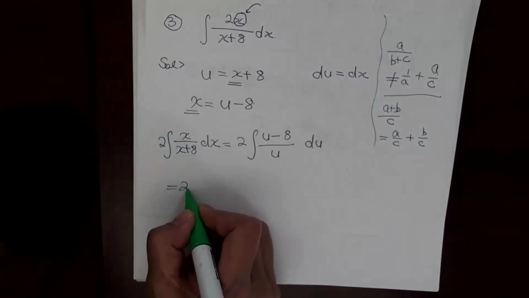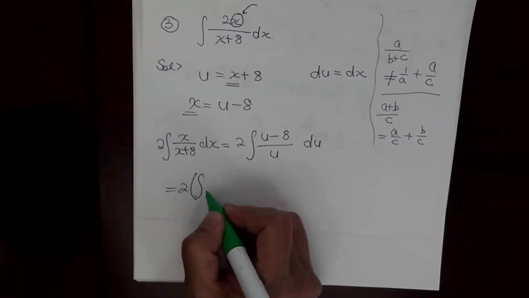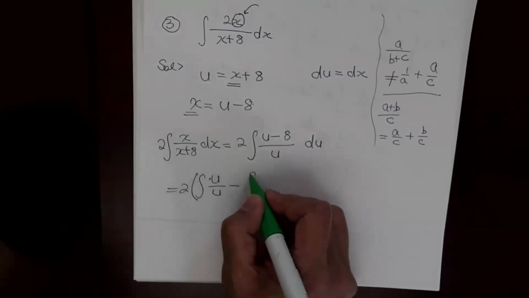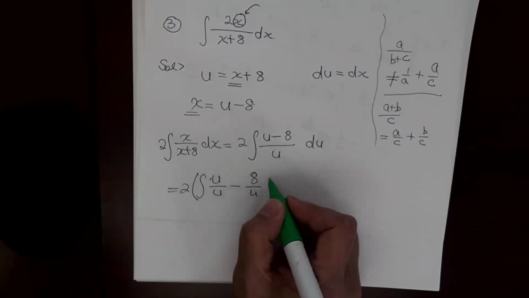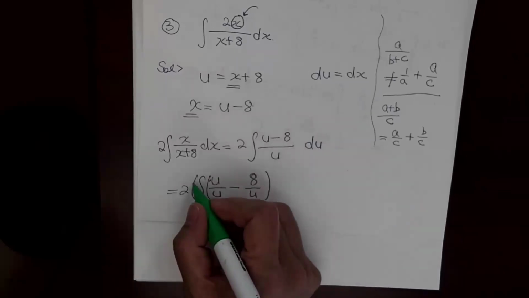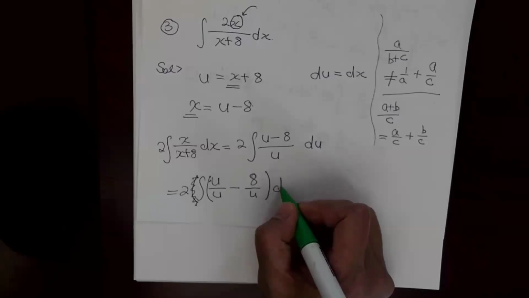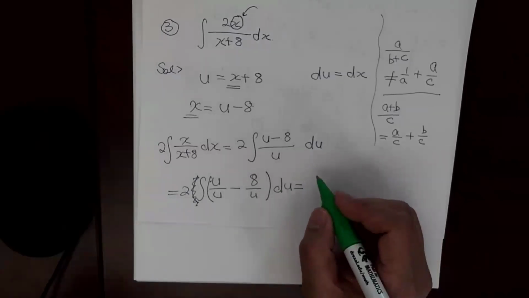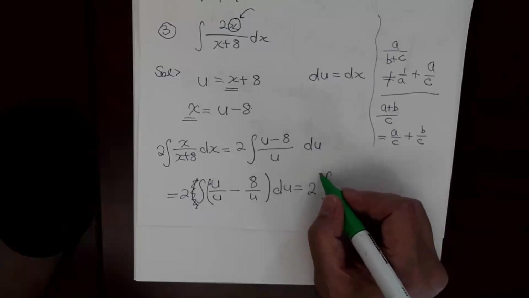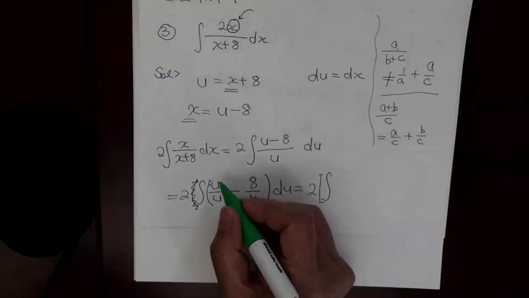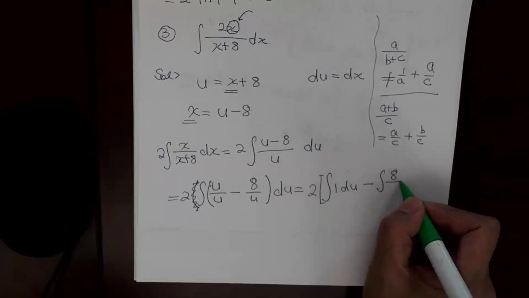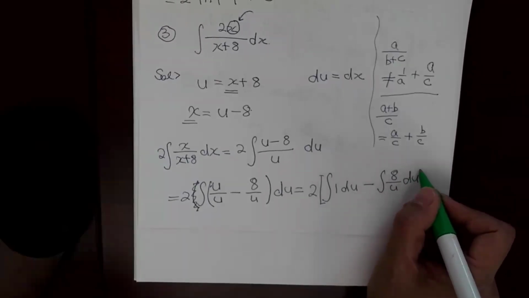So that is 2 times integration u minus 8 over u du. So that is 2 times integration 1 du minus integration 8 over u du.